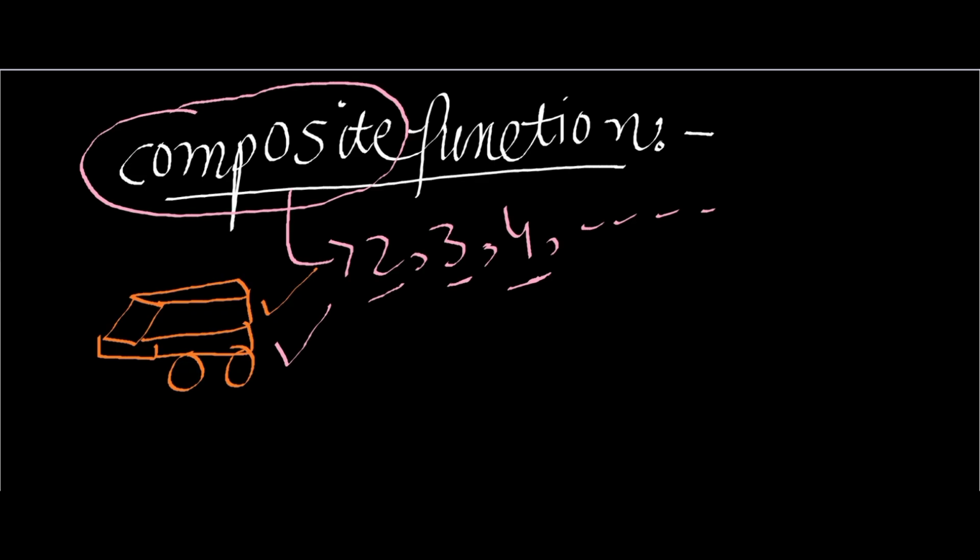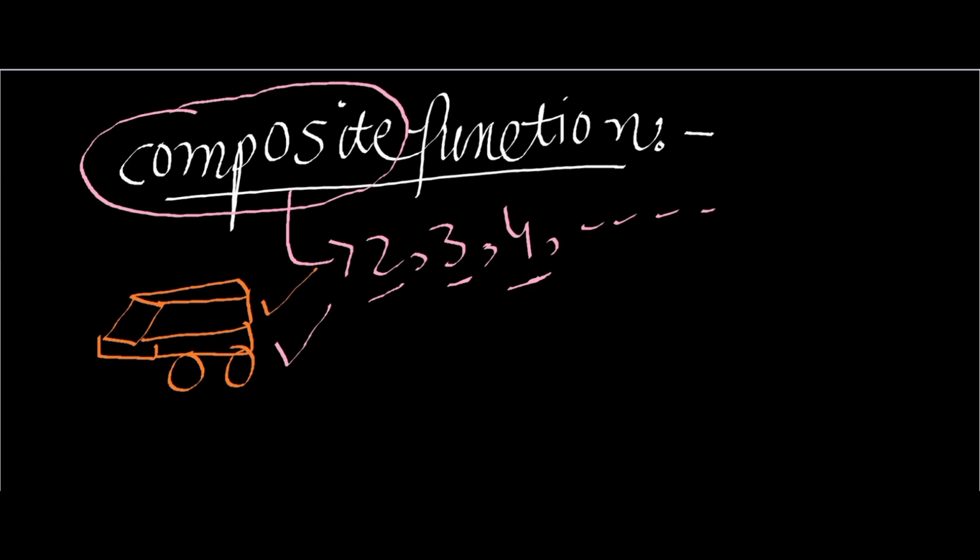I can't color the car before making the frame. So this is the basic idea in composite function: you have to do the processing in steps. You can't just randomly go to the last function. You have to do the first function, and then you will get to the last function. This is the core idea about composite function.